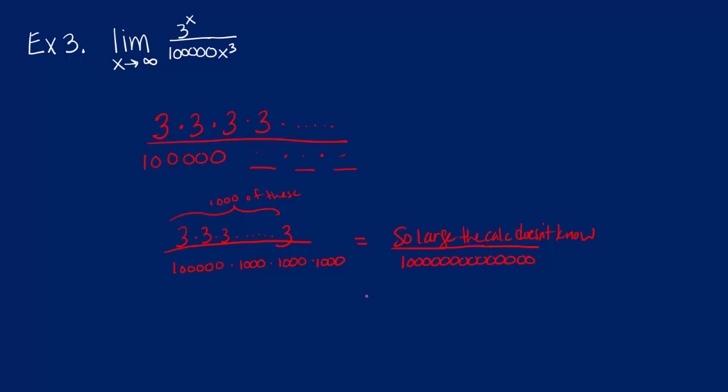So I'm going to write down my comparison here. 3 to the x grows much faster than 100,000 x cubed.